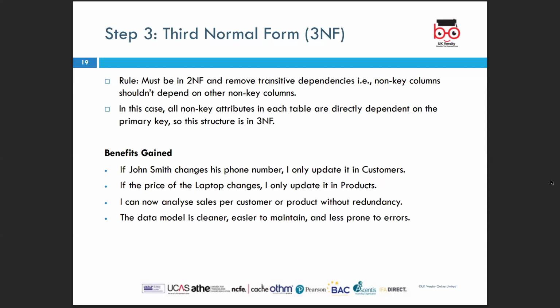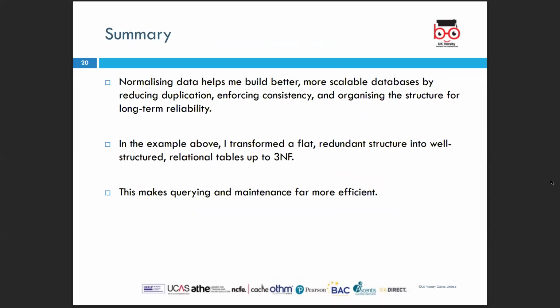What's the benefit gained? If John Smith changes his phone number, we only update it in customer. If the price of the laptop changes, we only update it in product. We can analyze sales per customer or product without redundancies, and the data model is clear, easy to maintain, and less prone to errors.